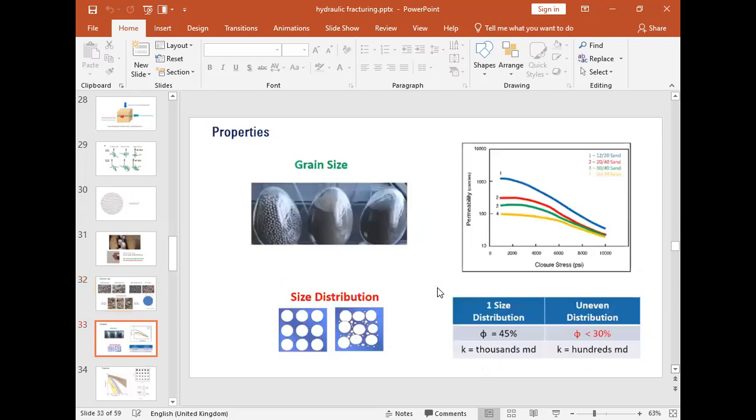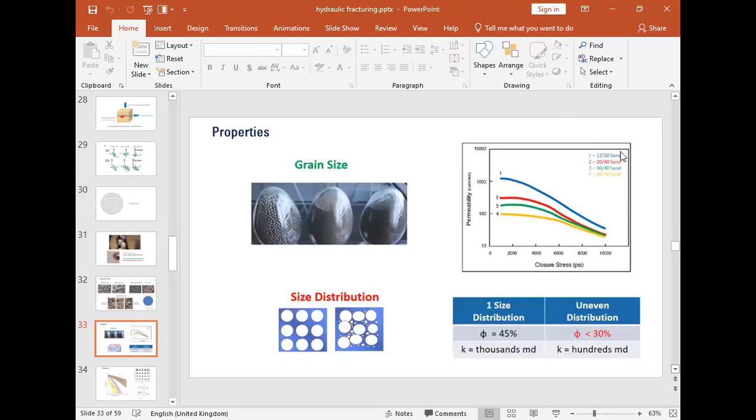So from here, we can actually look at the strength of the proppant and to see exactly how the strength of the proppant can go. Well, let's start first with the size of the proppant. How the size of the proppant goes a long way to increase the permeability of the system.